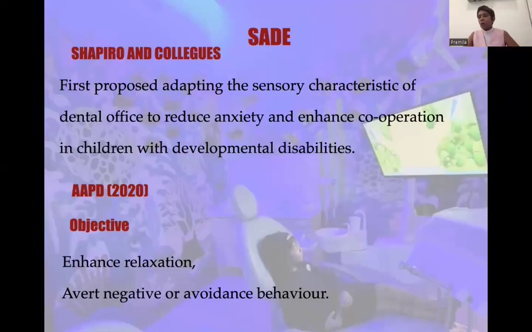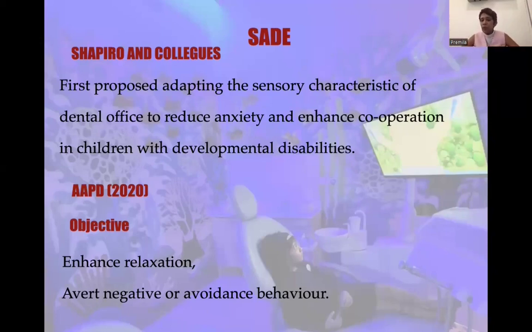So now we bring that logic to dentistry. Most of the initial studies about the sensory adapted dental environment, the multisensory environment, have been done by Shapiro and colleagues. They found that once you start adjusting the dental environment to the child's liking, which is why it's called a sensory adapted dental environment, the child could be more cooperative.